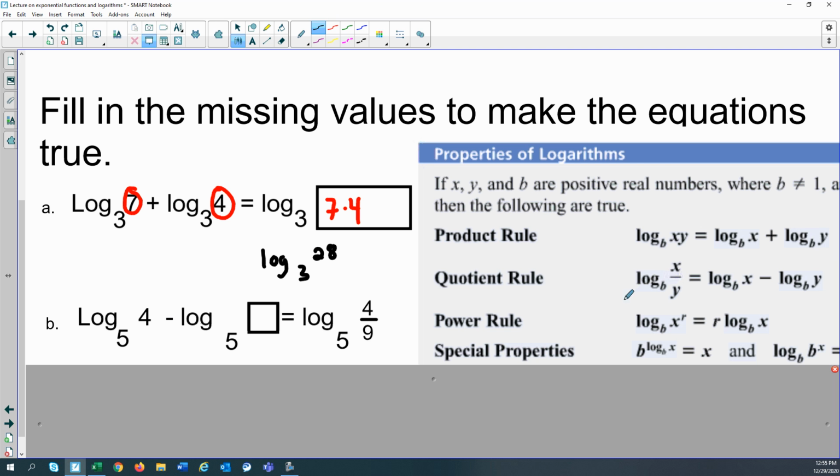So we're missing that value in our problem. If you look at the result, the y value is the denominator of a condensed version. So this is just 9. Log base 5 of 4 minus log base 5 of 9 equals log base 5 of 4 over 9.